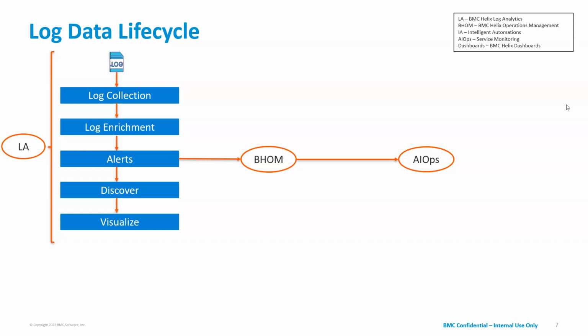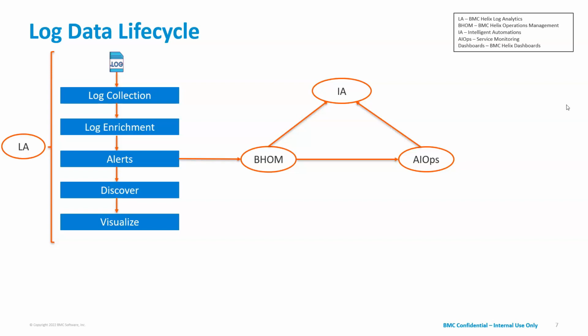Now, when we look for the automatic remediation of the events or alerts in BHOM or AIOps, you can do it using the BMC Helix Intelligent Automation. Using IA, you can self-remediate the alerts, or you can even create incidents for event remediation if you have the BMC Helix ITSM environment enabled.